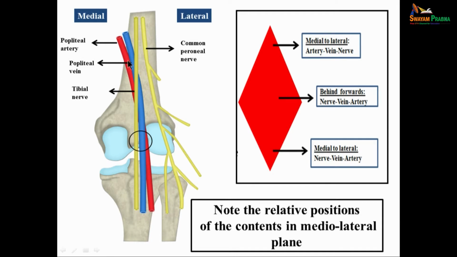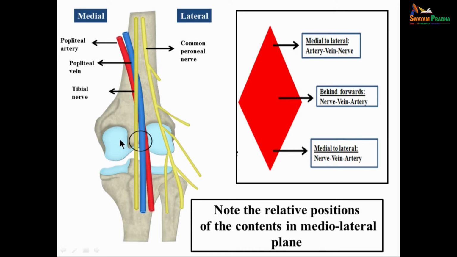Now if you see the structures in the upper part of the fossa, middle part of the fossa and lower part of the fossa, their relations vary. In the upper part of the fossa, medial to lateral, we have the artery, popliteal vein and the tibial nerve. The most medial structure is the artery, then the vein and then the nerve.